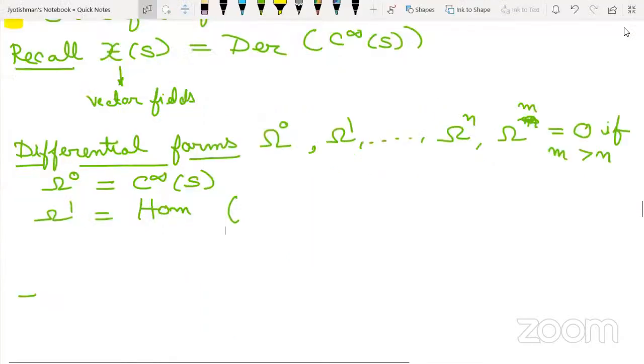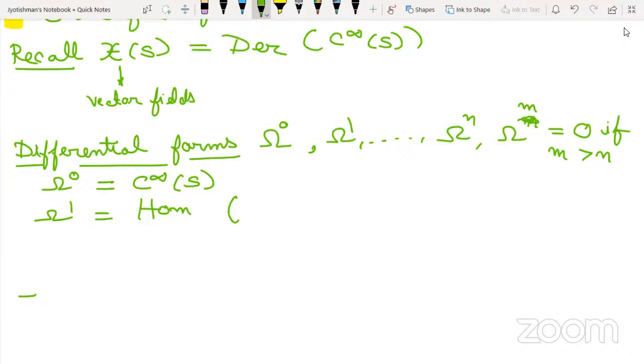Okay. Yeah. So I need to sort of define or recall what are called differential forms for a level surface. So these will be some modules over the ring C infinity S, and if the dimension of the manifold is n, then this omega m is 0 if m is bigger than n.